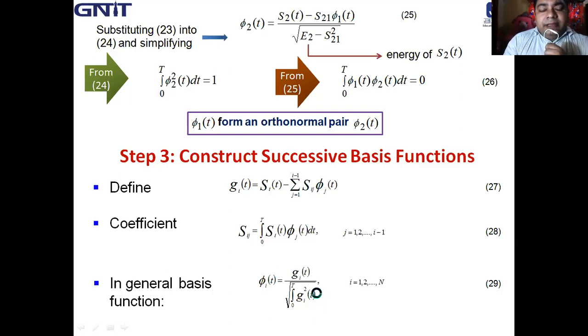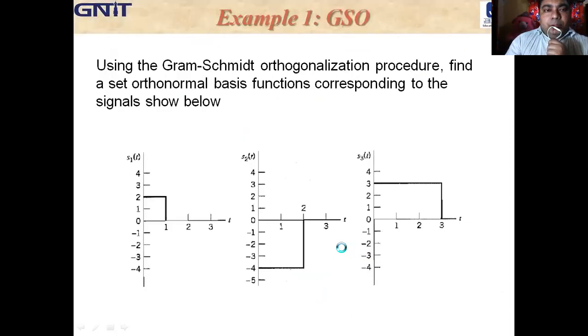Now in this regard, we solve some problems. The first problem is: using the Gram-Schmidt orthogonalization procedure, find a set of orthonormal basis functions corresponding to the signals shown below.